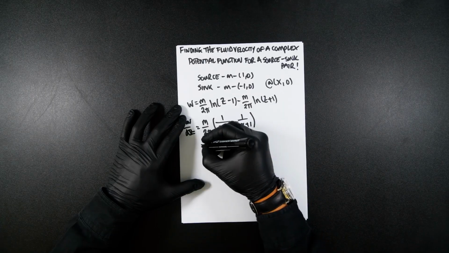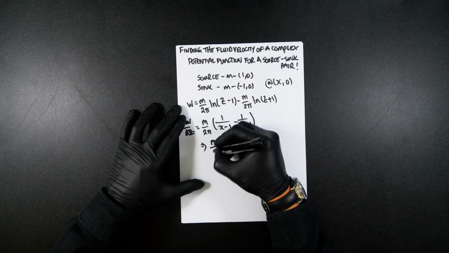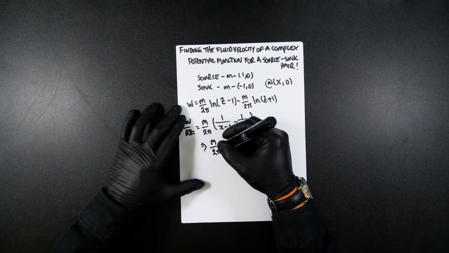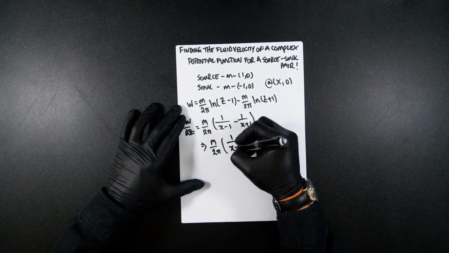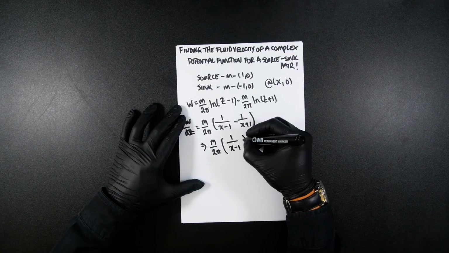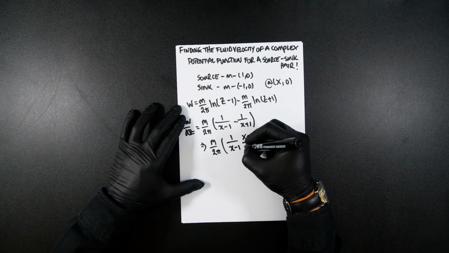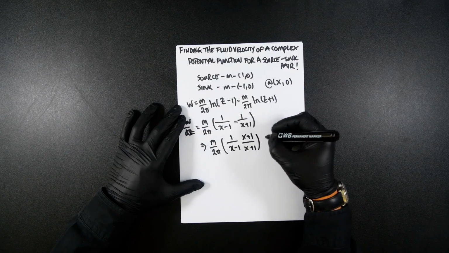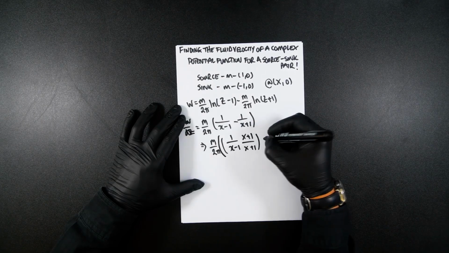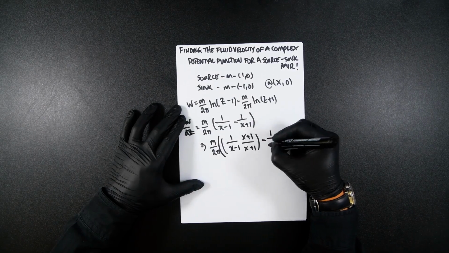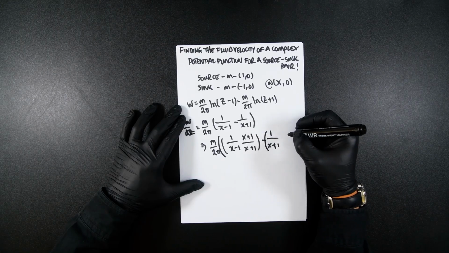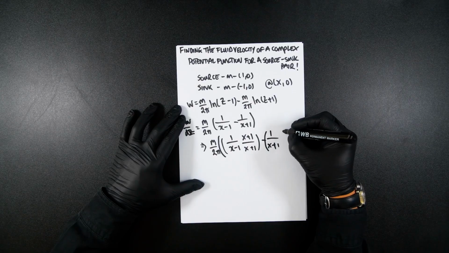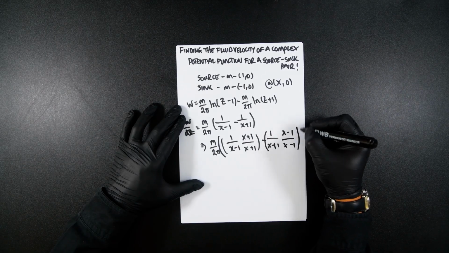So that's then going to become m over 2 pi, 1 over (x minus 1) multiplied by (x plus 1), with bigger brackets here, minus 1 over (x plus 1) multiplied by (x minus 1).